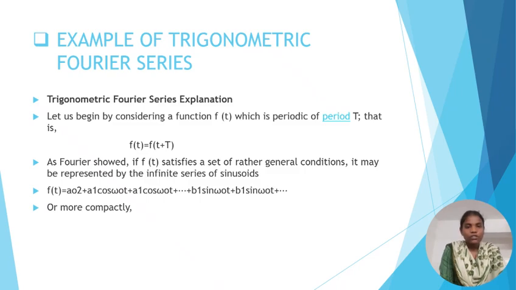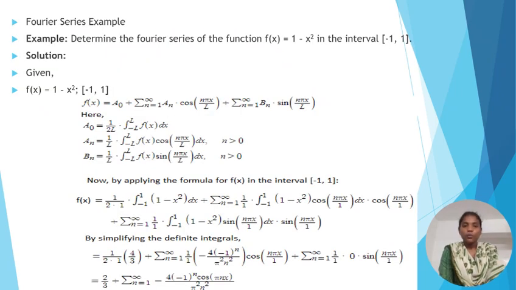As Fourier showed, if f of t satisfies a set of rather general conditions, it may be represented by an infinite series of sinusoids: f of t is equal to a naught by 2 plus a1 cos omega naught t plus a2 cos 2 omega naught t, and so on, and b1 sin omega naught t, and so on, or more compactly as a summation. Here we see the example of the Fourier series.